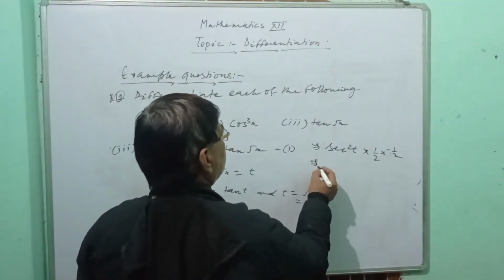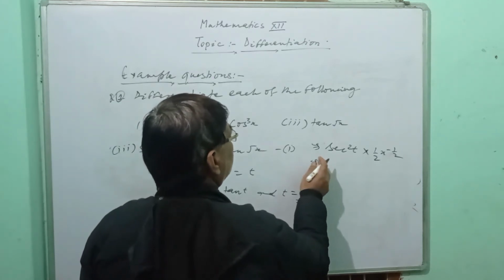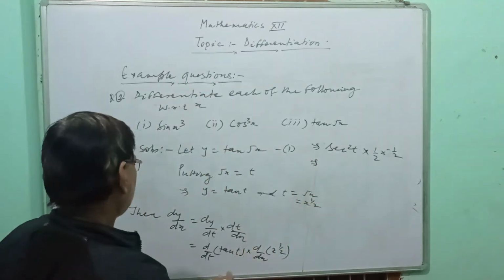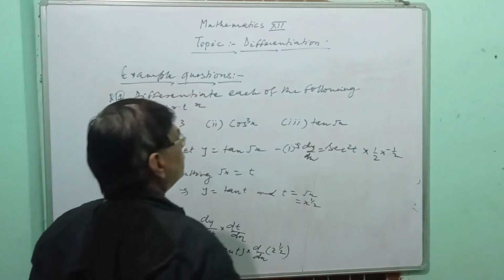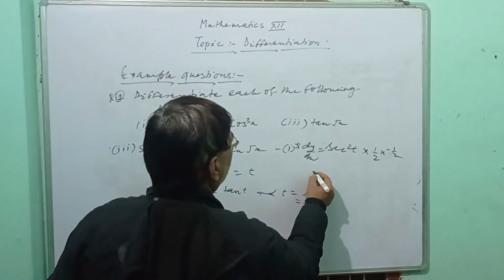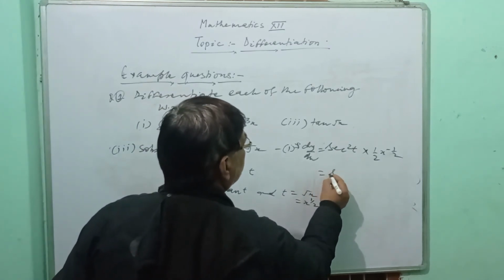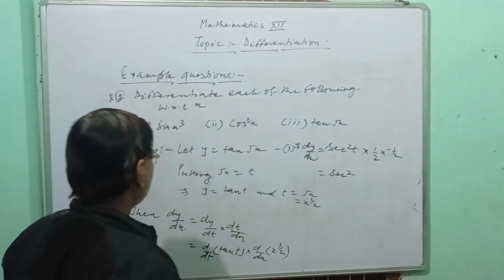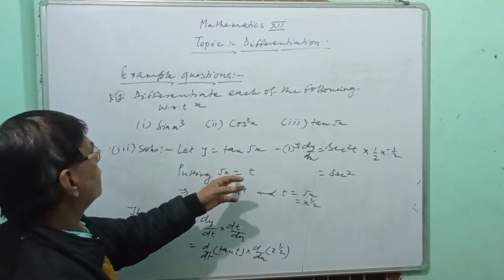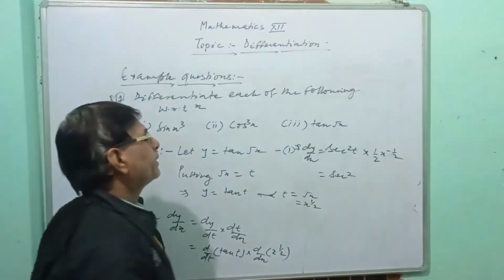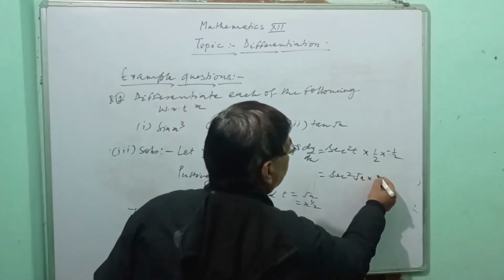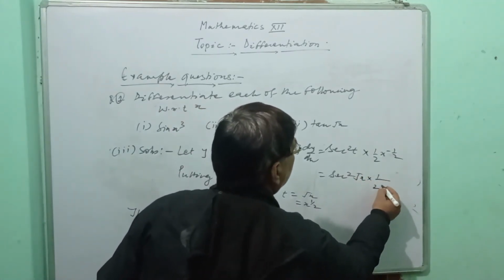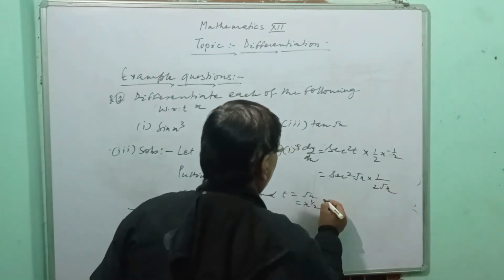This implies dy by dx is equal to this. This is equal to sec square t, where t is root x, then it becomes sec square root x, and this becomes 1 by 2 root x.